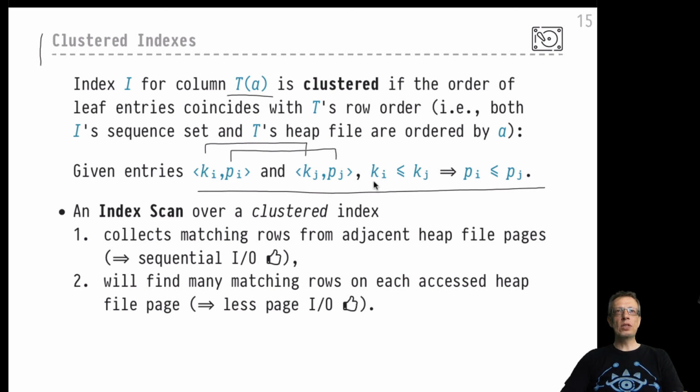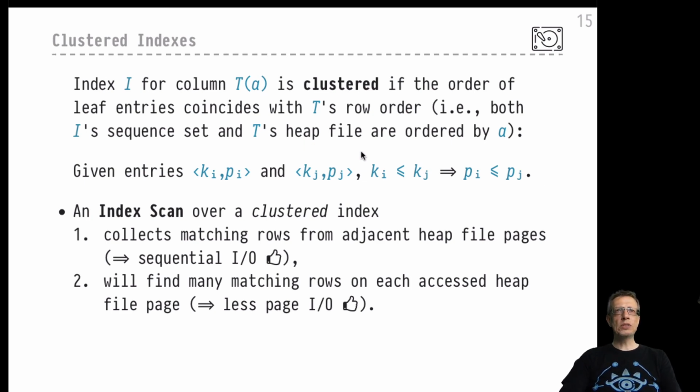Then this key order is also reflected by the page order. The heap file is sorted according to the keys that are being indexed by my index I. All right, so that would be the situation of a clustered index. Index sequence set order is compatible, coincides with the row order inside the heap file of table T.